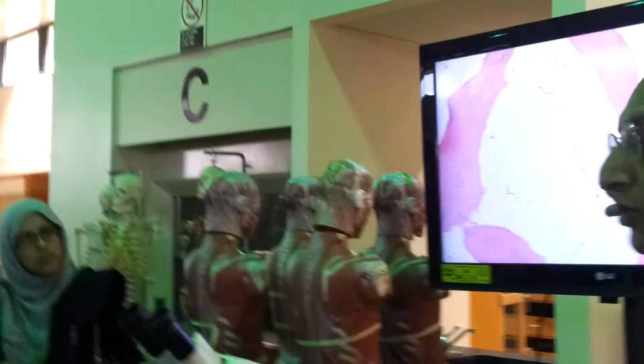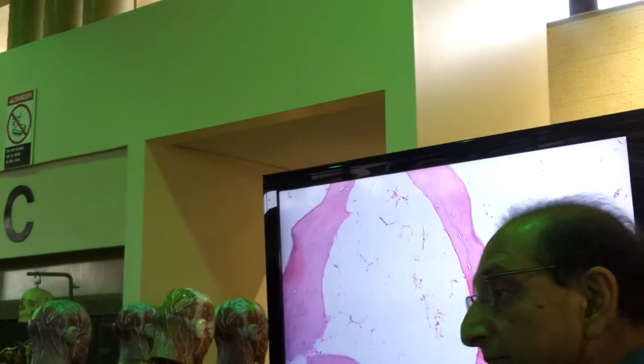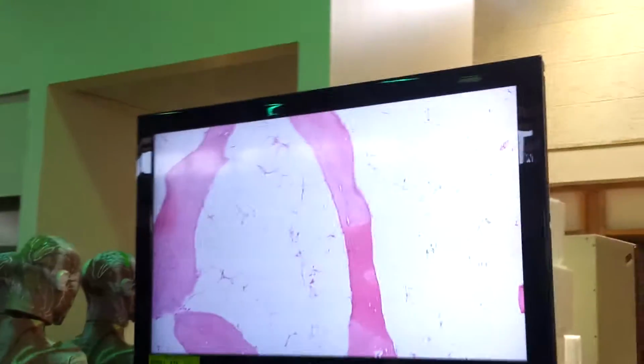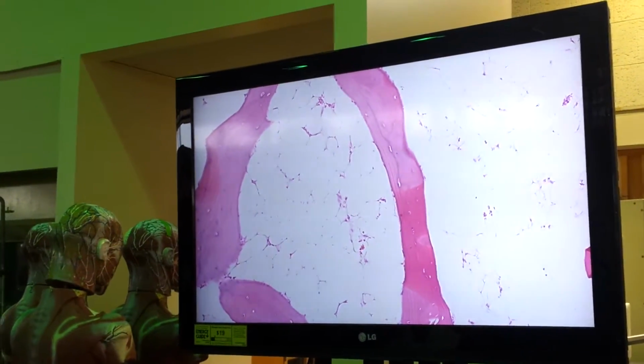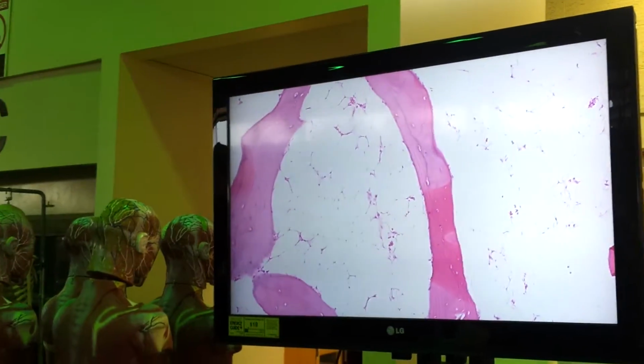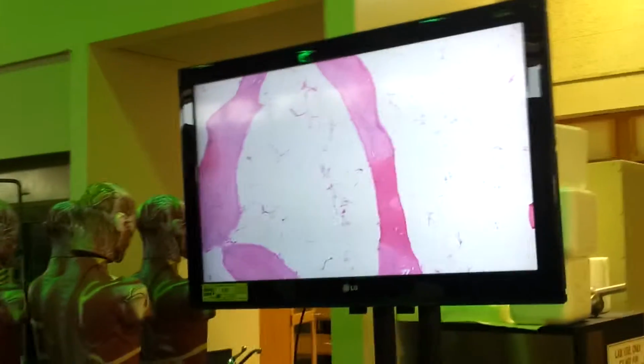Osteocyte. Any question on this? The structure you need to identify basically here is the spaces which contain red bone marrow and the trabeculae, which is actually bone material. Next slide.